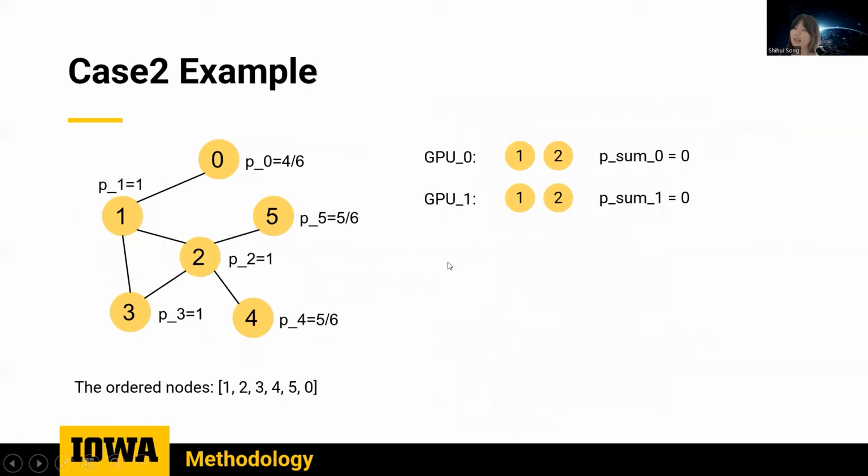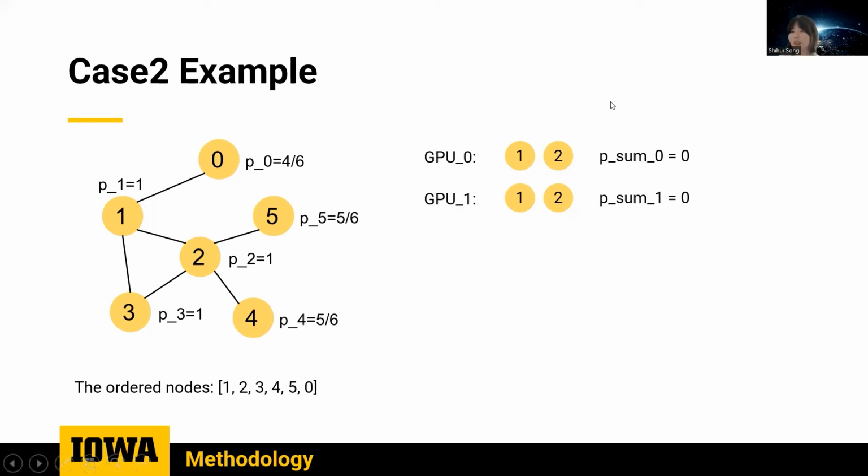And here is an example of our algorithm. Suppose that we have 6 nodes in a graph, and P is their sampling probabilities. We will first sort them according to P, and the ordered nodes list is here. Assume that we have 2 GPUs now, and each GPU can only store 2 nodes.